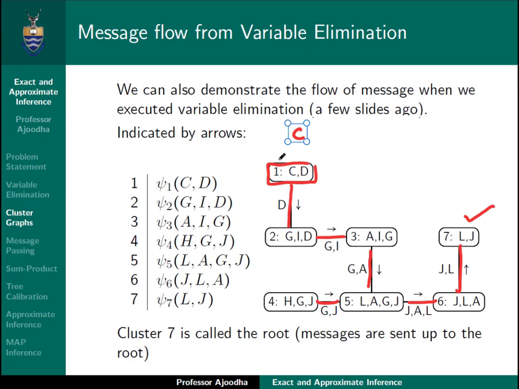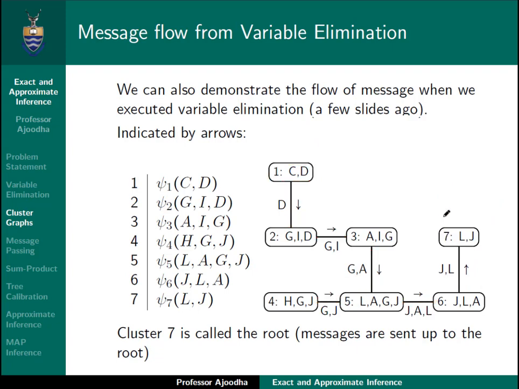So you can think of variable elimination, what we just did, as going through this nicely laid out cluster graph to give us our output of tau of J. I wrote little arrows here for you, so you can see how it's moving between the different clusters.